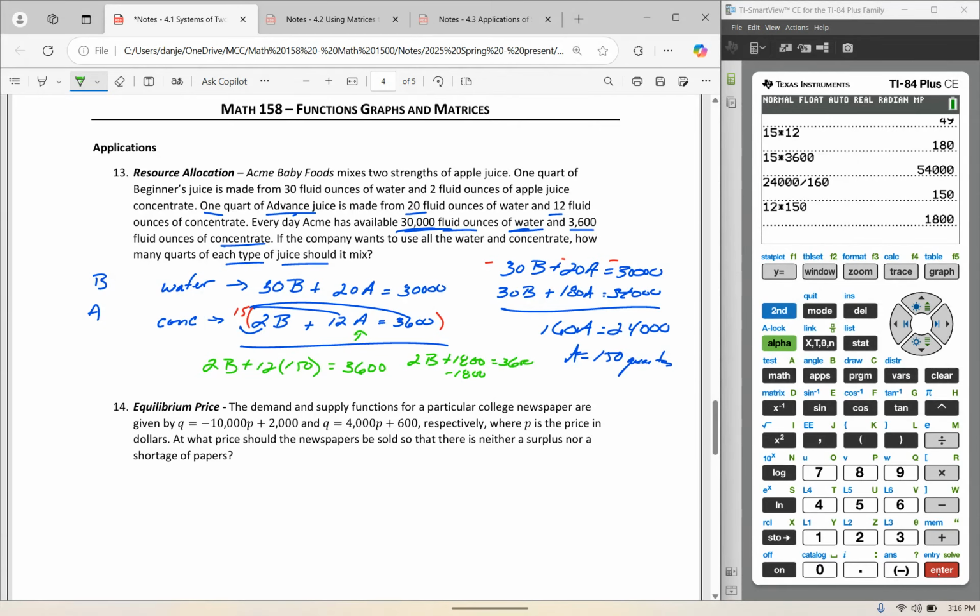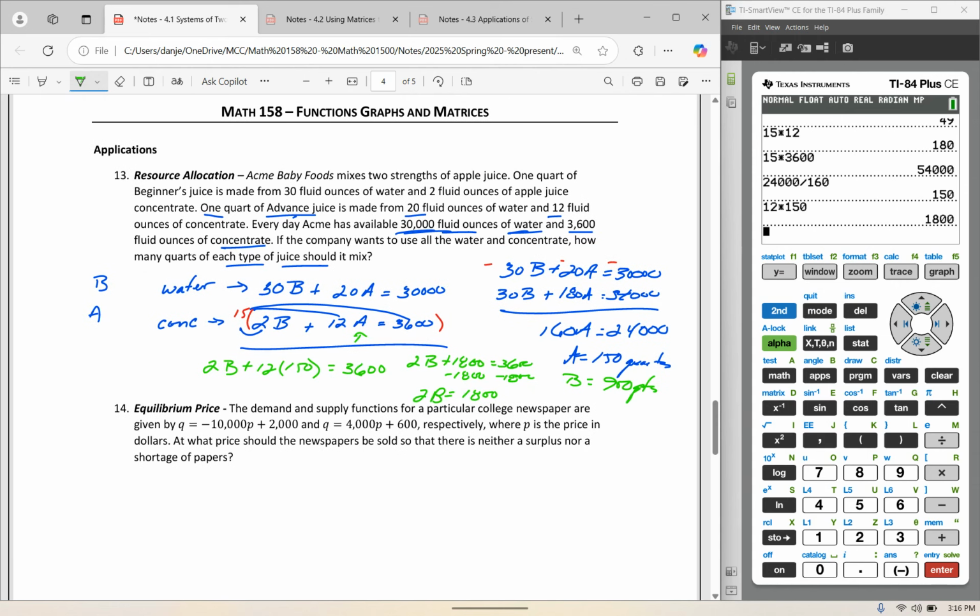Subtract 1,800 from both sides. 2B is 1,800 divided by 2, and so B would be 900 quarts. So that's how much you're going to make of each one of those. Okay.